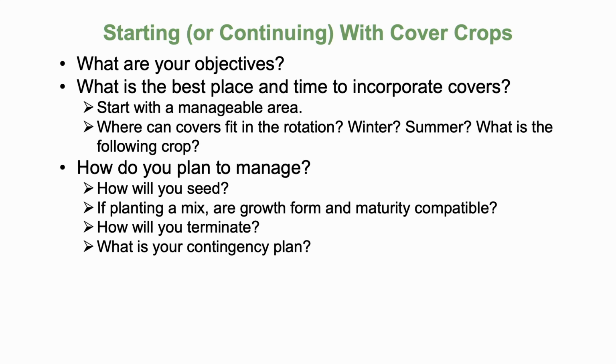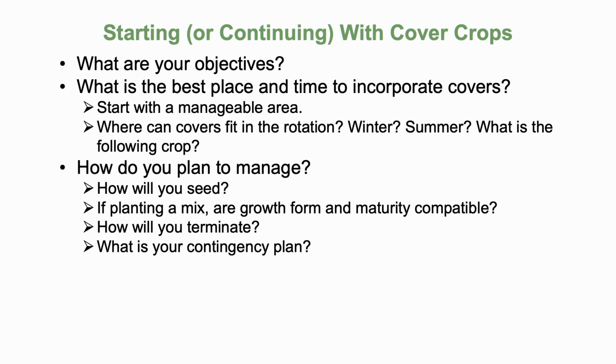How will you seed? Will you broadcast? Will you drill? If planting a mix, are the things that you're planting going to be compatible in growth form and maturity? That's not always a big deal, but it helps if you're just starting out to not grow things that are not going to have the same growth form or same maturity time. It just makes life easier for you as you're learning to do this.